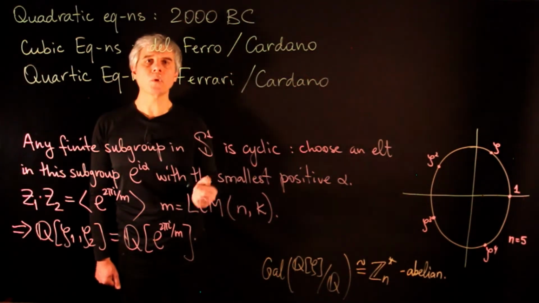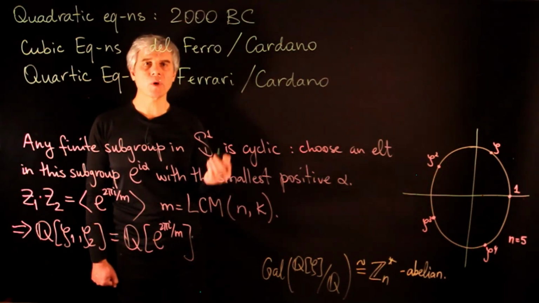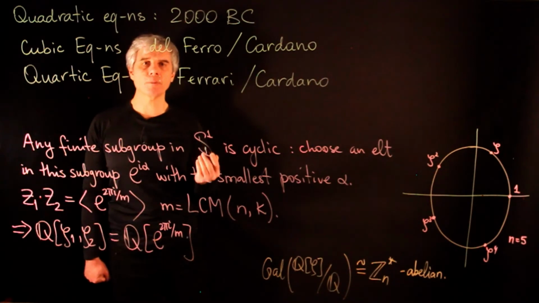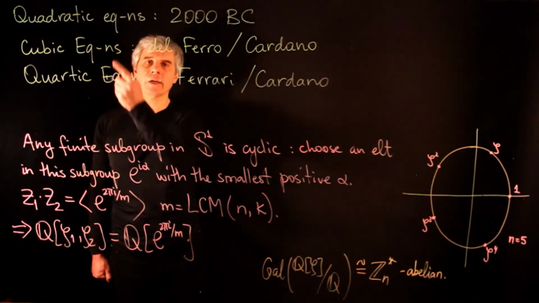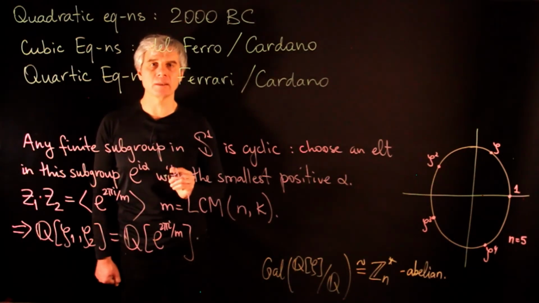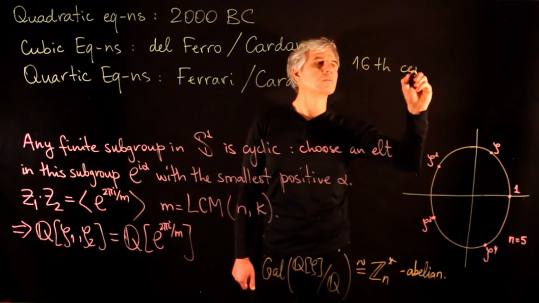These formulas also stimulated the development of complex numbers, because one needs to carry out computations in complex numbers, even in the case when all the roots of such polynomial equations are real. So this was done in the 16th century.